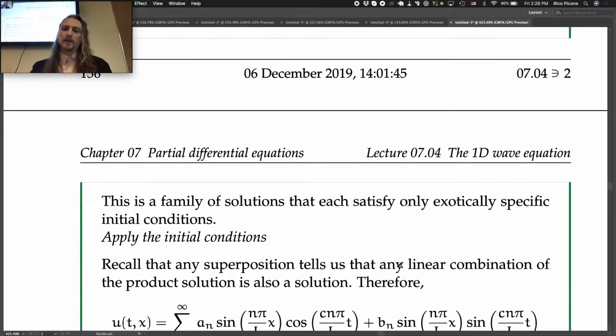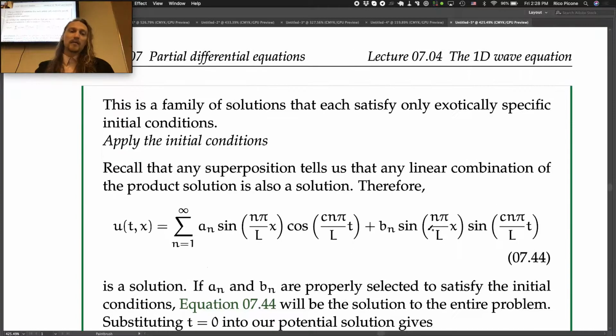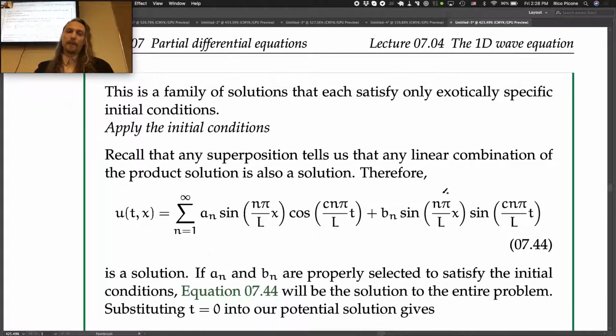This is a family of solutions that each satisfy only exotically specific initial conditions, right? Just one of these terms would only work if you happen to have a sinusoidal initial condition. Otherwise, it wouldn't satisfy them. Recall that superposition tells us that any linear combination of product solutions is also a solution, okay?